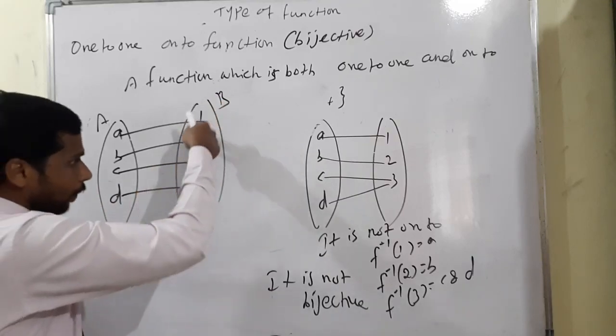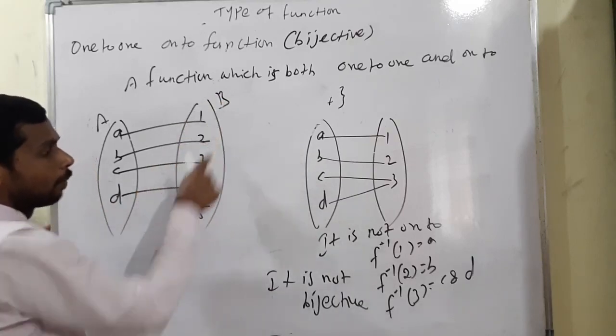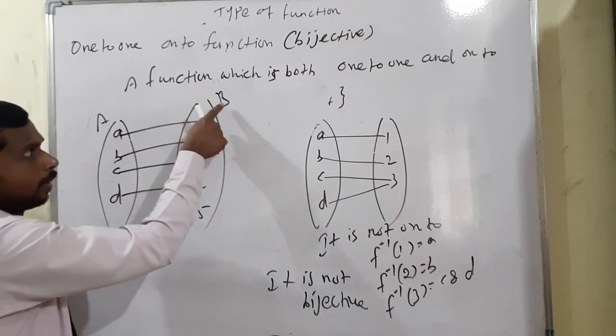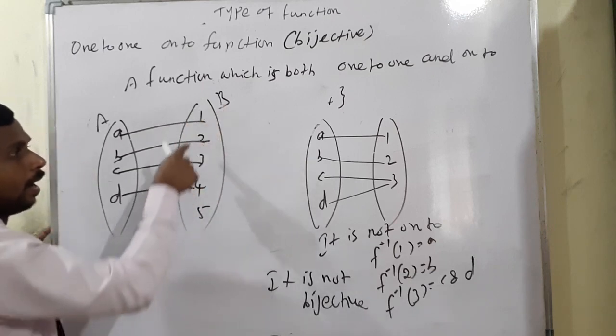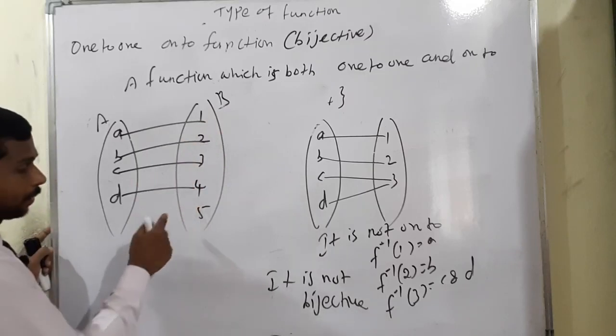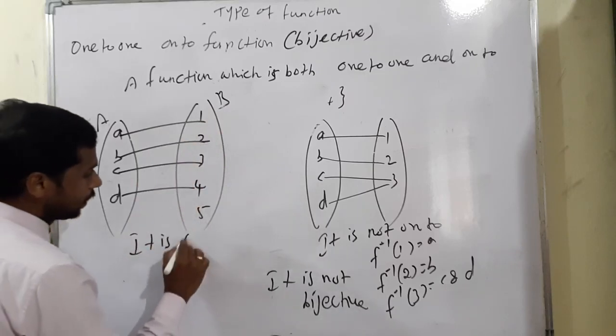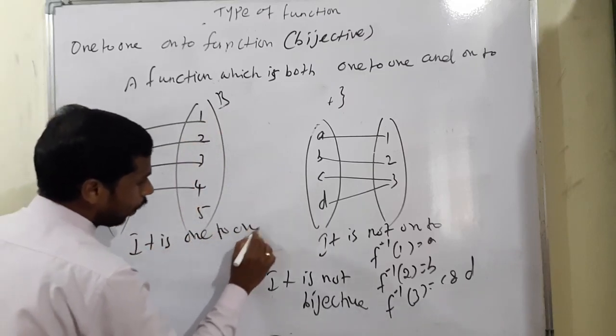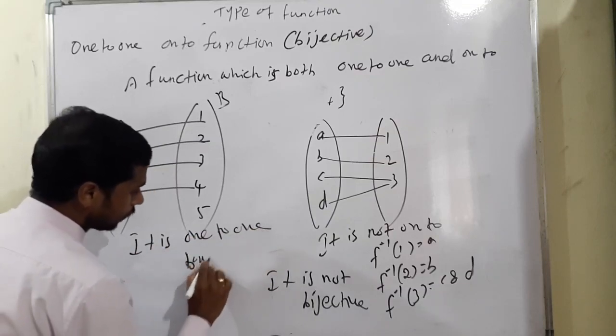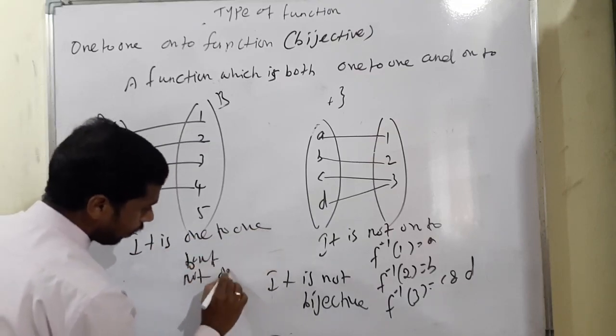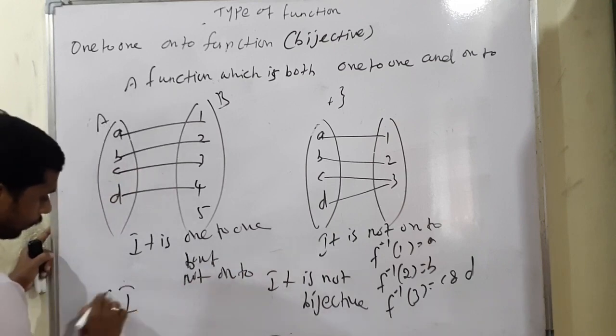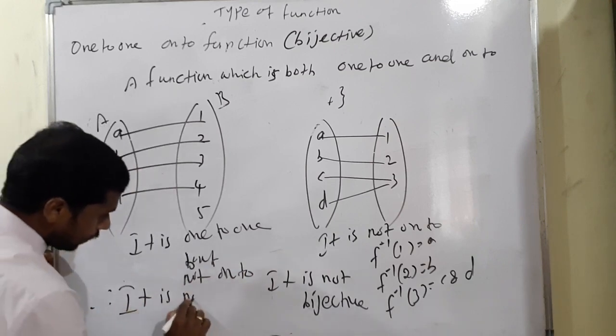Definitely the number of range elements is not equal to the number of elements in B. In B we have 5 elements, but the range has only 4. That's why it is one to one but not onto.